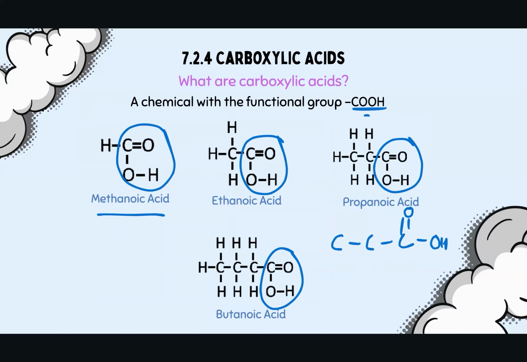So that carbon's done. Now you're looking at the other carbons and finishing the bonds off. So carbon number 1 has got 3 more bonds available to react with hydrogen. And carbon number 2, the one in the middle, has 2 more bonds available. So we now have propanoic acid.